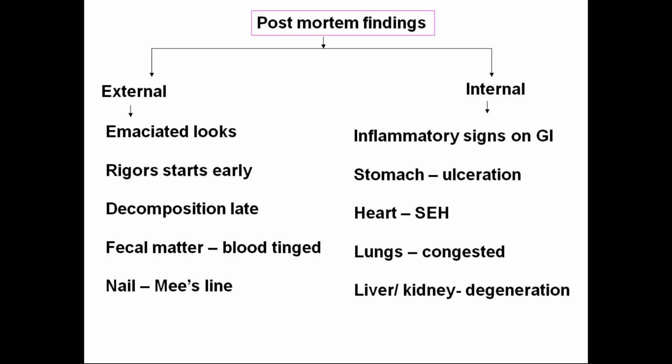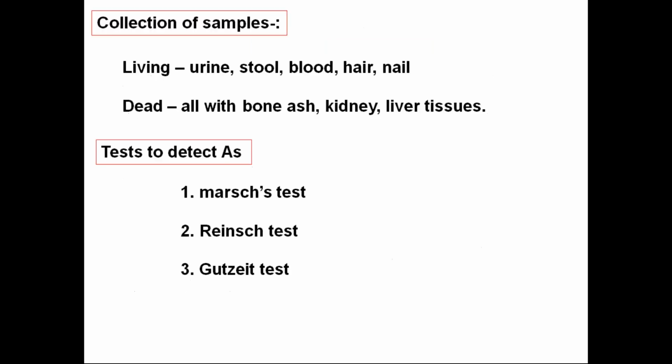The internal findings: we can see inflammation of the GI system, ulceration of the stomach, subendocardial hemorrhage of the heart, congested lungs, and degenerated liver and kidneys. So these are mostly non-specific changes, except the inflammation of the GI tract, and then externally Mees lines, blood tinged fecal matter, and rigor mortis starting early and decomposition starting late.